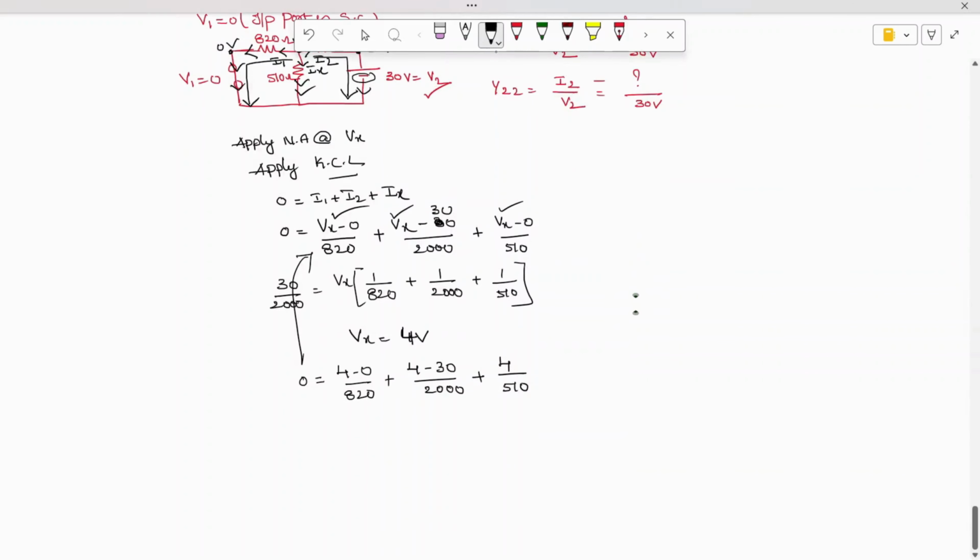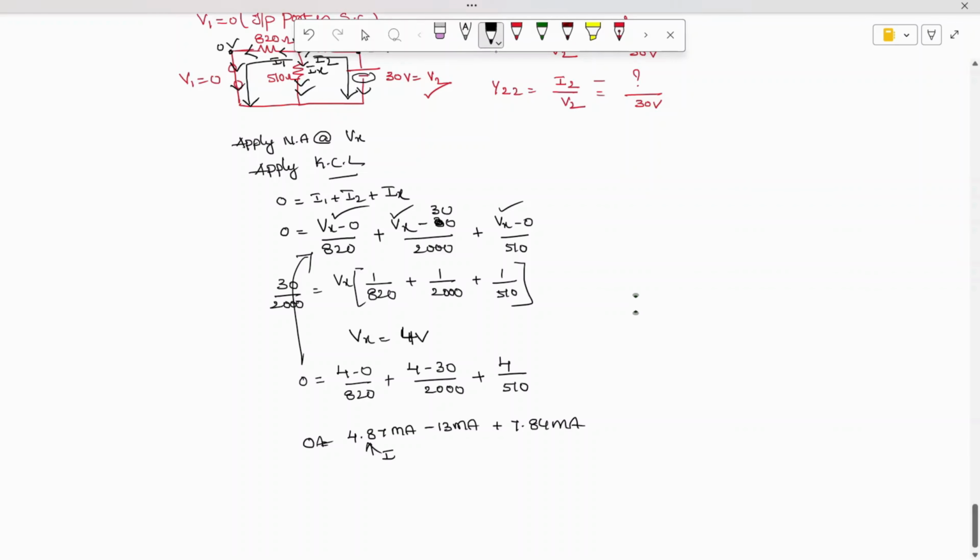When you solve with a calculator, you get 4.87 milliampere, then negative, minus 13 milliampere, plus 7.84 milliampere. When you add all these, the resultant is equal to 0 amperes.